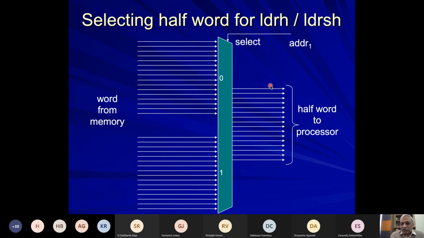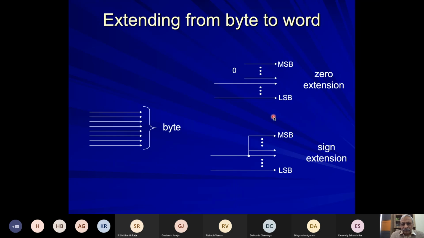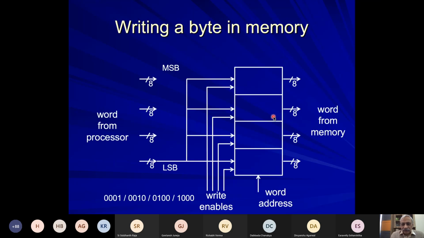Similarly, if it is LDRH or LDRSH, you will select one of the two halves and then do extension and send to the processor. This is shown.